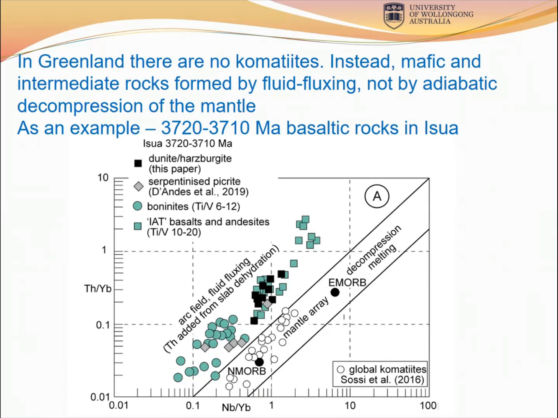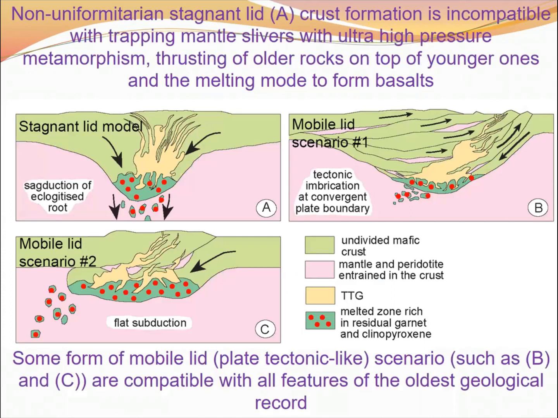On the other hand, rocks like MORB and komatiites form in the so-called mantle array, formed by simple decompression melting of the mantle rather than adding fluids to trigger the melting. So basically, when you look at these ancient basaltic rocks, they have very common arc signatures.